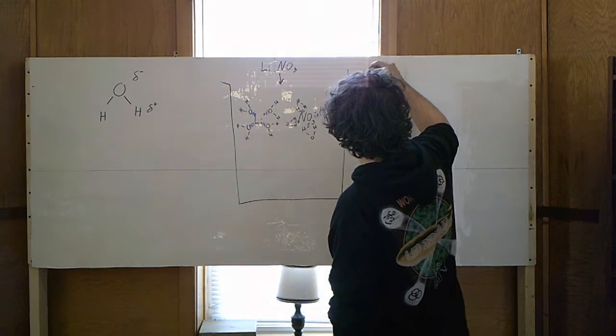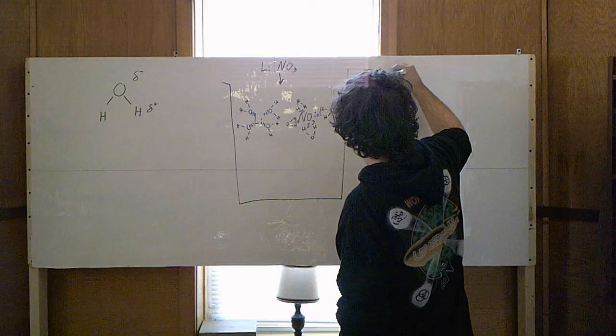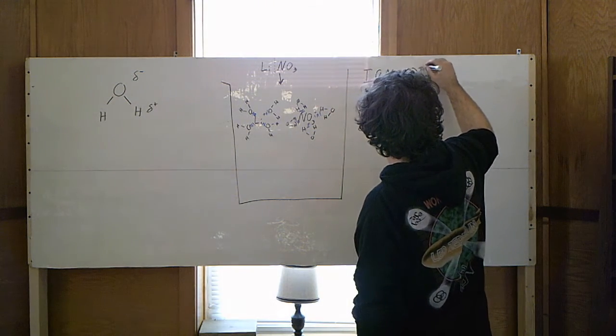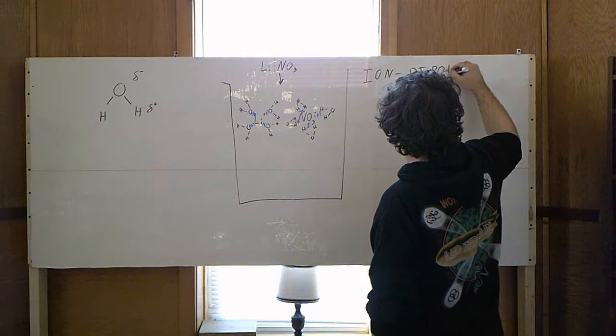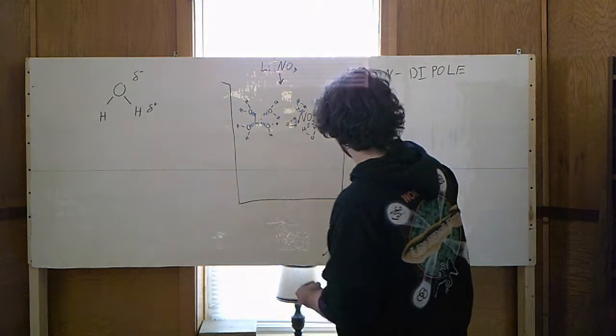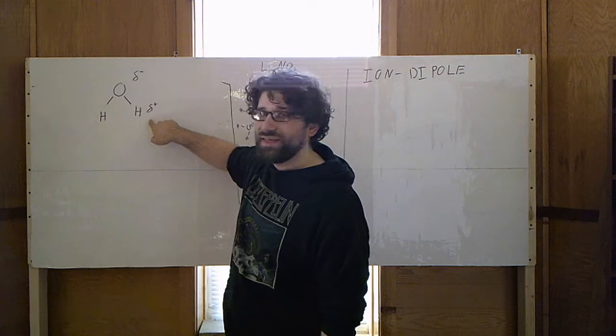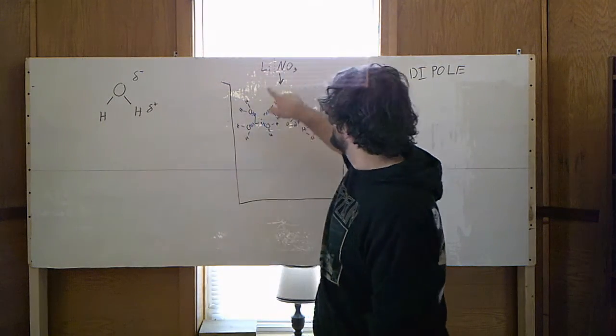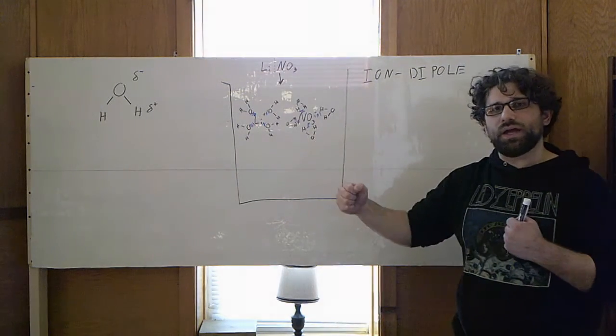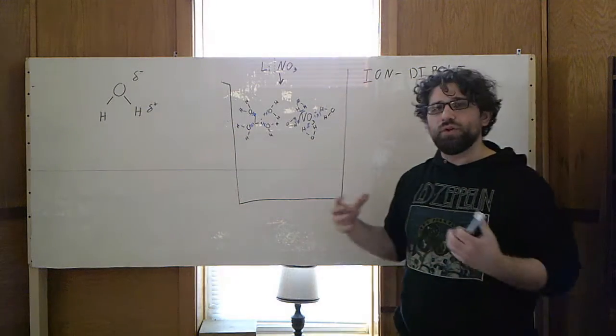So this would be ion, dipole, because we have these dipoles in the water molecules that are splitting up these ions. If there's enough energy, they'll pull them apart.